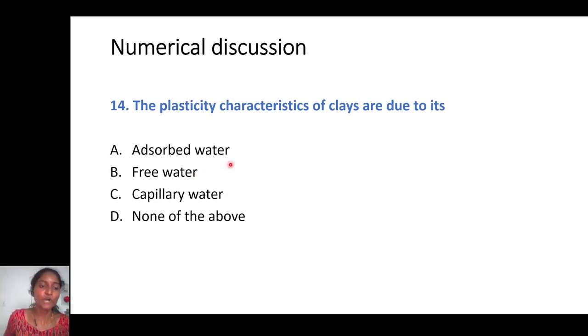And when you see option B, free water, as I have discussed previously, in the diffuse double layer, the first layer is very strong, which is attached to the clay, and the second layer is very weak. This weak layer is actually because of free water. So the adsorbed water which is attached to the clay is what actually changes the characteristics of the clays, which is nothing but the plasticity. Okay.